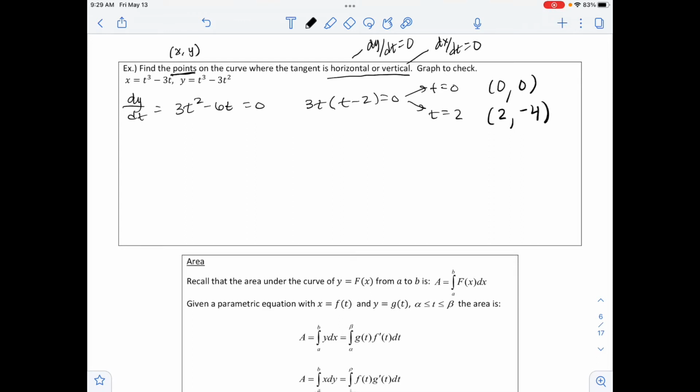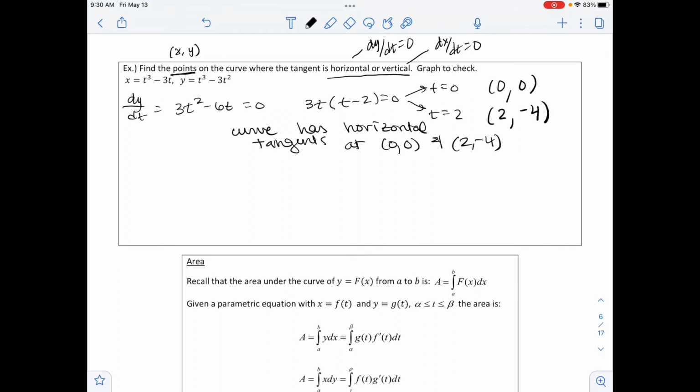So this is going to be where the curve has horizontal tangents. So we'll say the curve has horizontal tangents at (0, 0) and (2, -4).